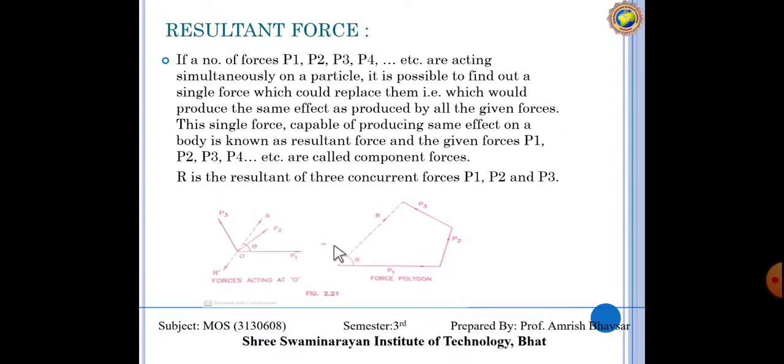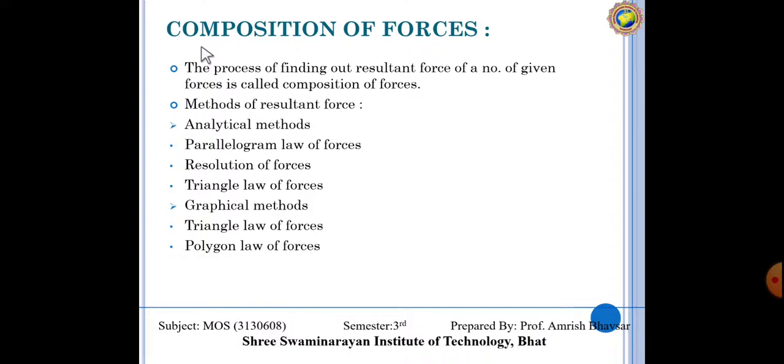Because whenever a number of forces are acting on a body, the body is going to move in some direction. So we can consider the opposite force of that resultant force, so we can balance the whole system and hold the body.